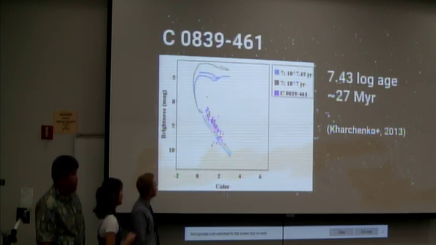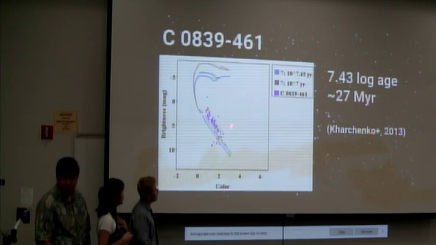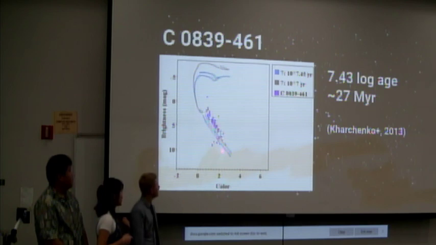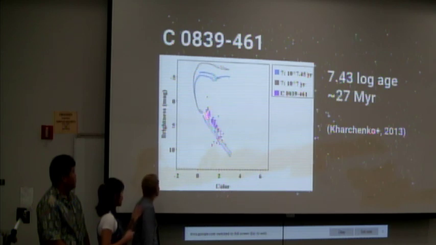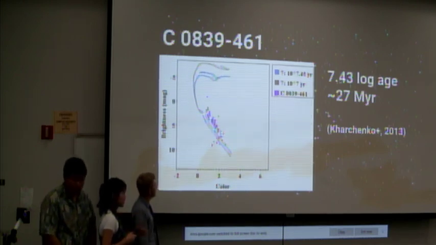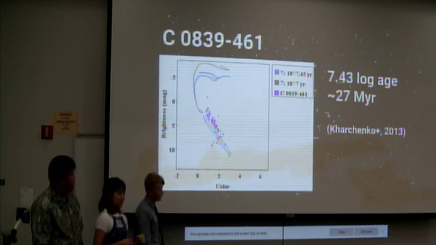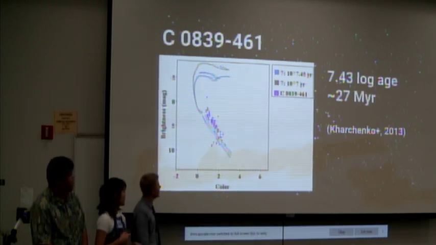Okay, so this is another one. This is the cluster right here, and this cluster is about 7.4 billion age, or about 27 million years old. So these are the isochrones for around the age range of this cluster. As you can tell, it's following the pattern, but this one is also shifted slightly to the right, which could be attributed to interstellar reddening, like we were talking about, or also the method that we use to select the members for the cluster.